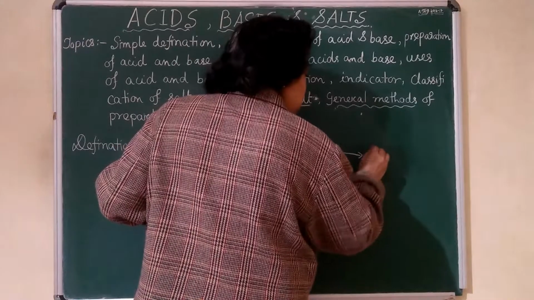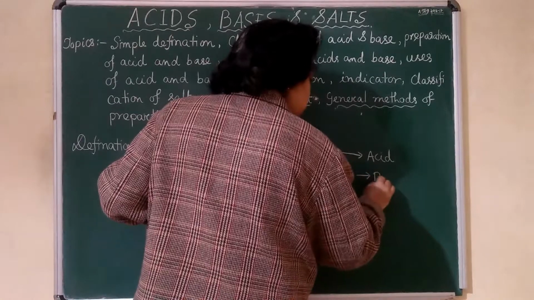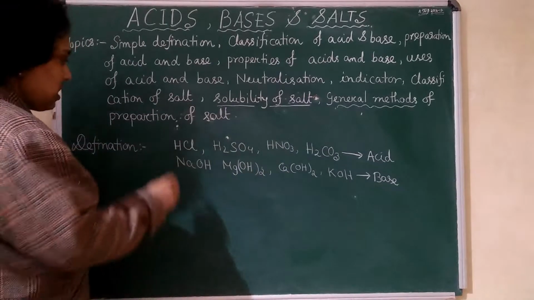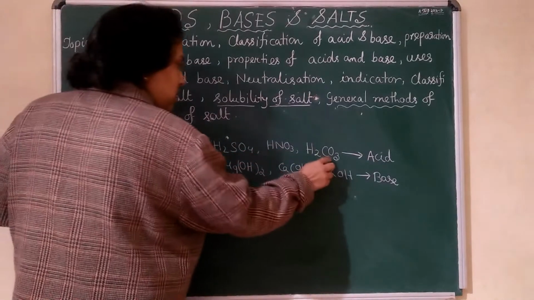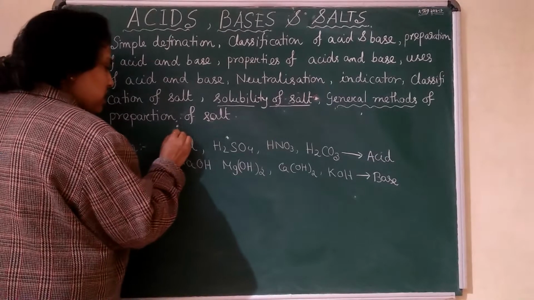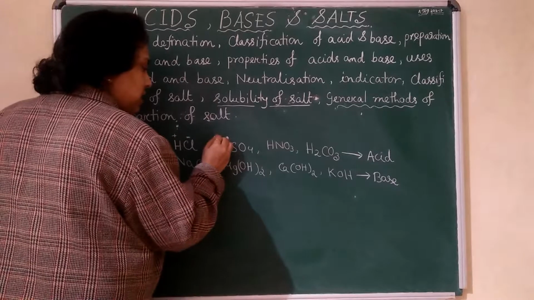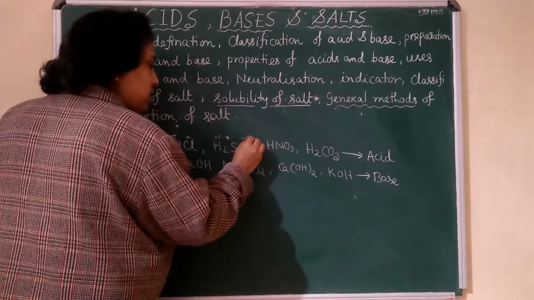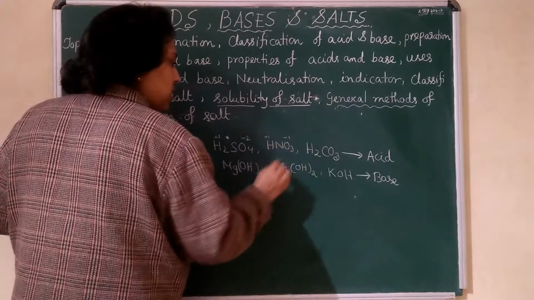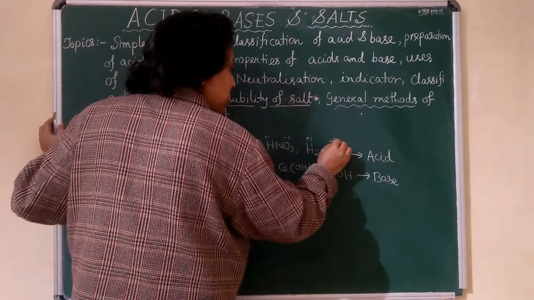Basically, when you call them acid or base, what you observe in each case, if you see the ions: this one is H plus ion, this is Cl minus ion; H plus ion, sulfate 2 minus ion; H plus ion, nitrate minus ion; hydrogen plus 1, carbonate minus 2.